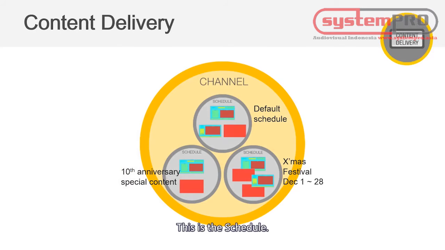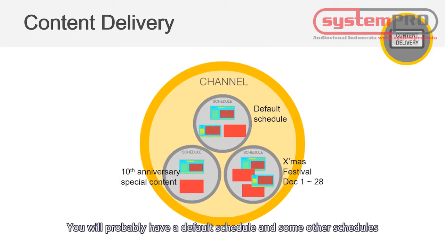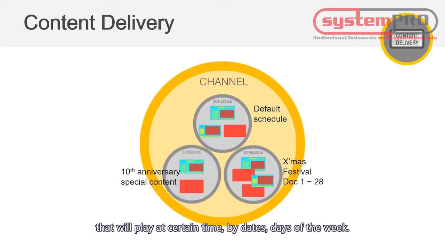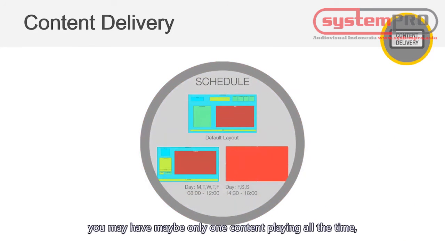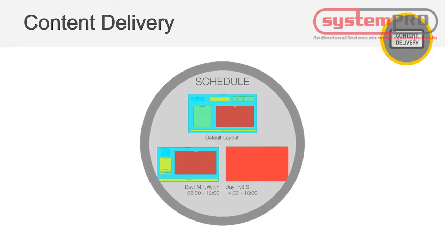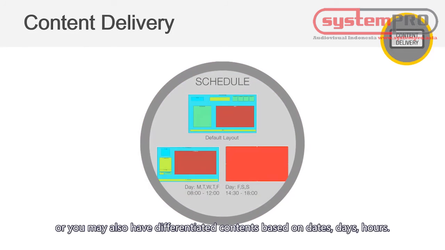In each channel, you will have different content that you want to show at different times. This is schedule. You will probably have a default schedule and some other schedules that will play at certain time by dates, day of the week, etc. In the schedule itself, you may have maybe only one content playing all the time, or you may also have differentiated content based on dates, days, hours.